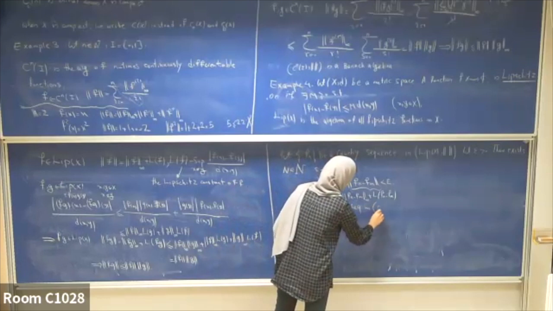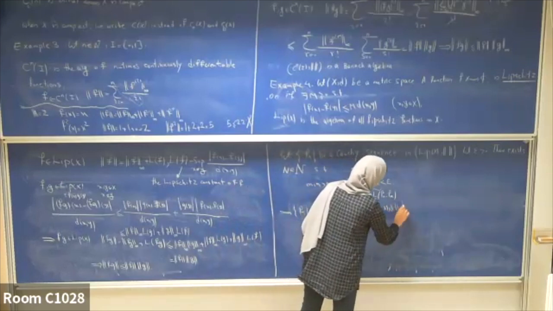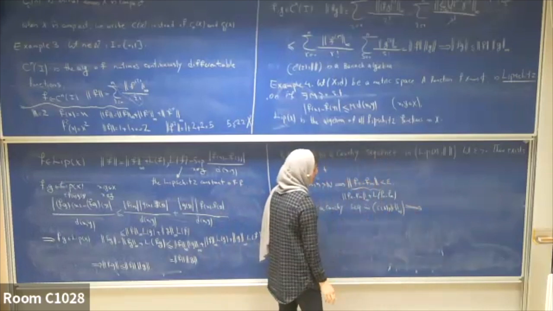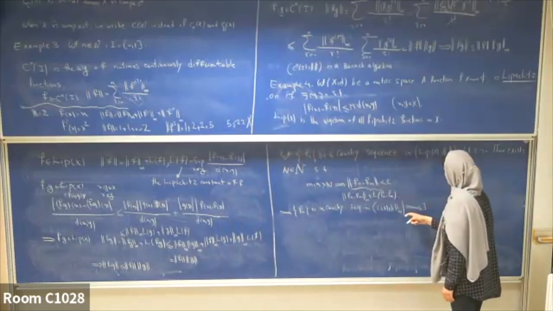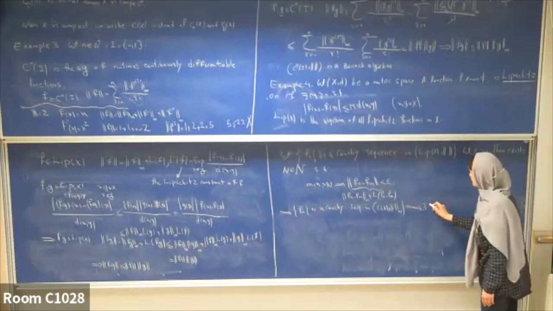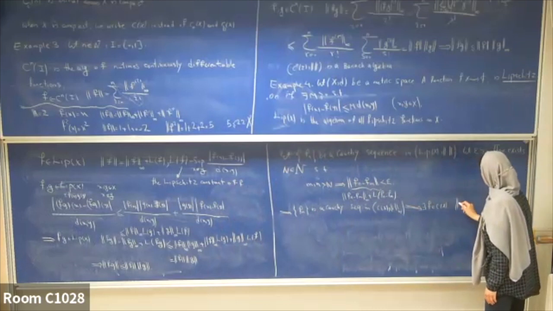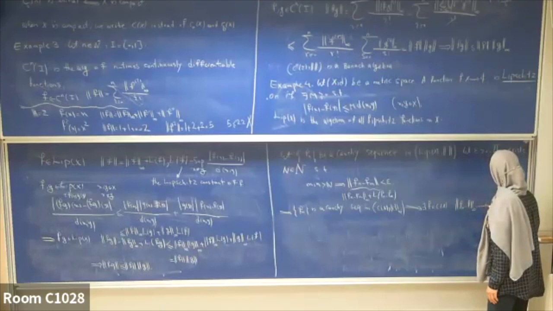But we know that this is a complete metric space, a Banach space. So because C(X) is a Banach space, there exists f in C(X) such that the supremum norm of f_n minus f goes to 0.